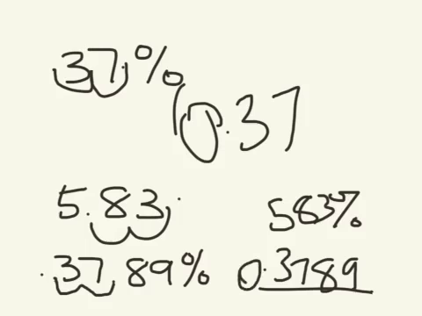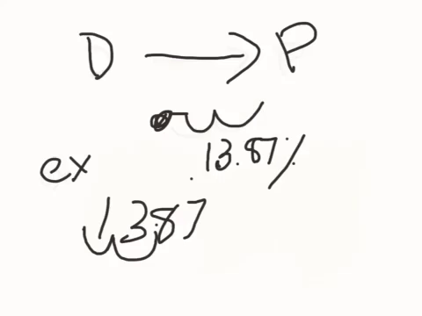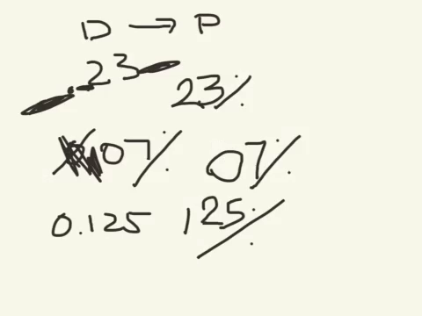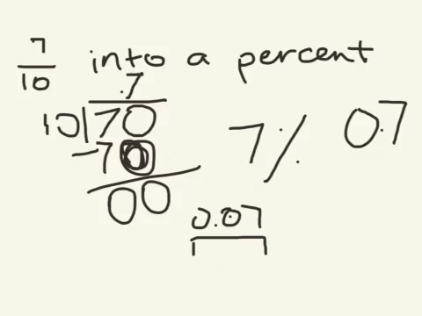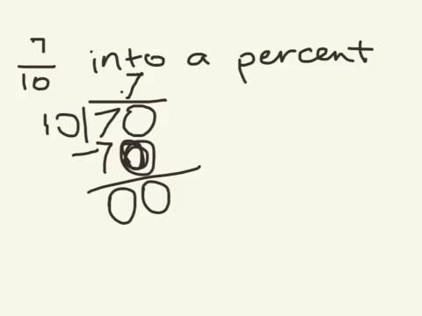Okay, so let's go back to the original one and see what we can do. All right, so our answer was 0.7. I want to change that into a percent. So what do I get? 1%.